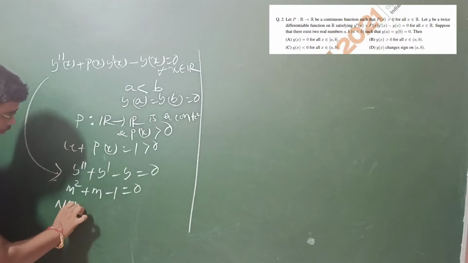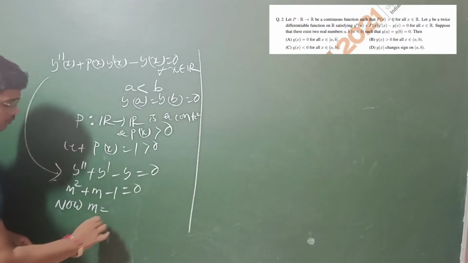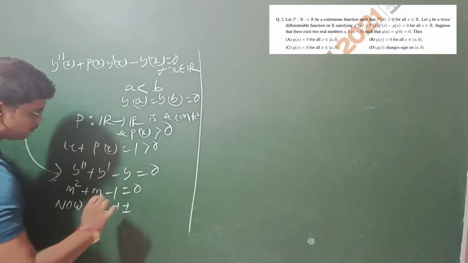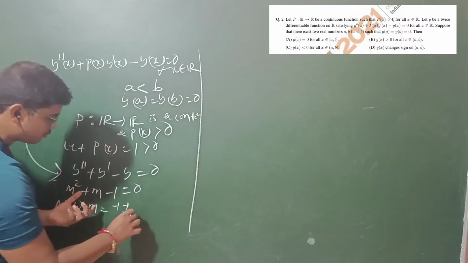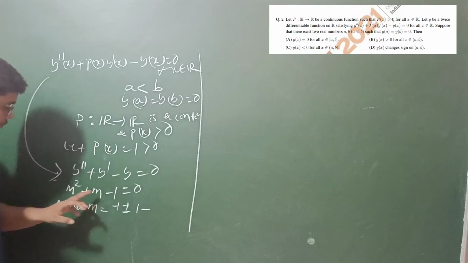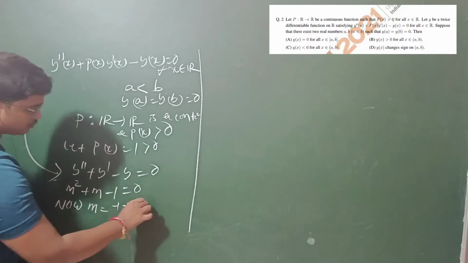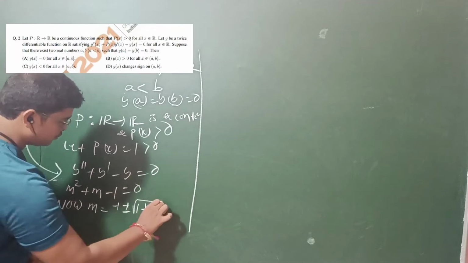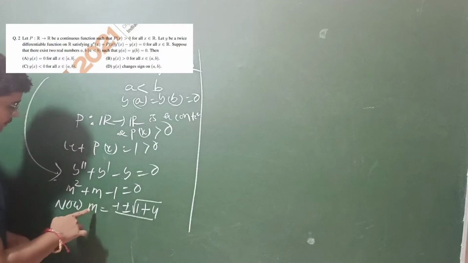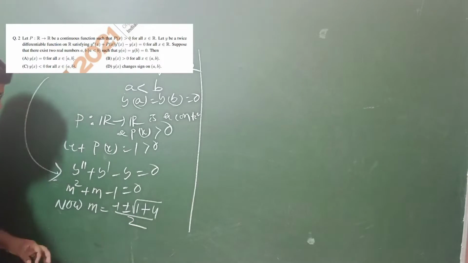Now m = (-b ± root of (b^2 - 4ac)) / 2a, so b^2 is 1, minus 4 into 1 into minus 1, plus 4, all under root, divided by 2.